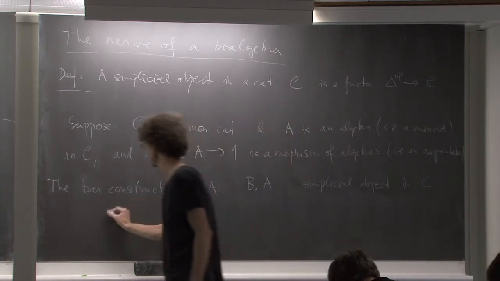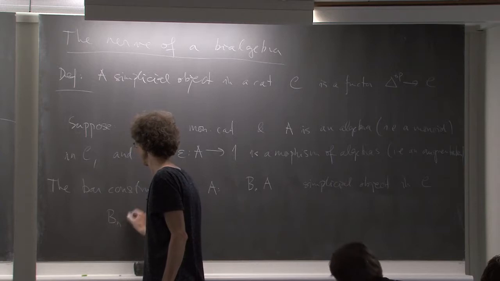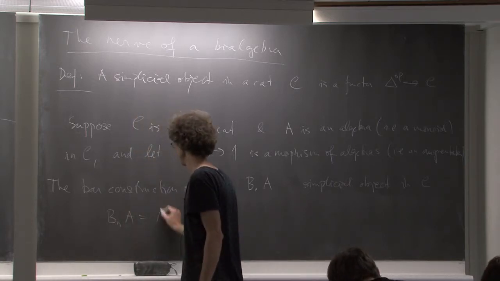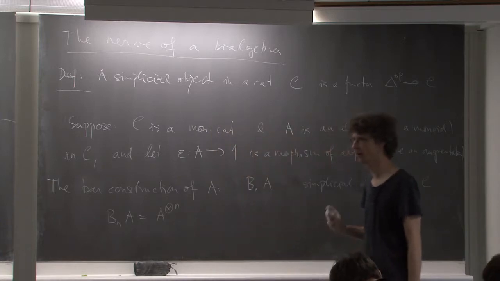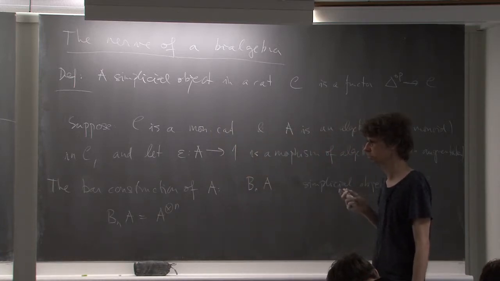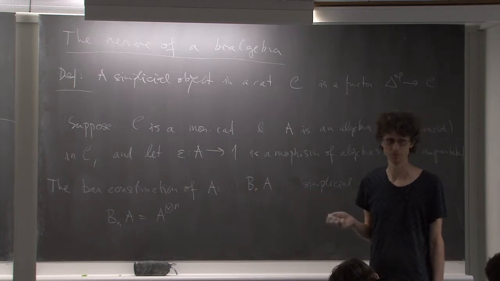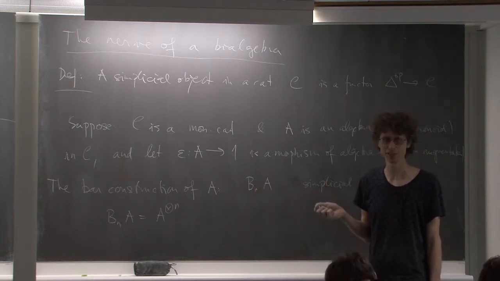So what is it? B_n A is simply the nth power of A, and I should tell you now in what sense it's a simplicial object.